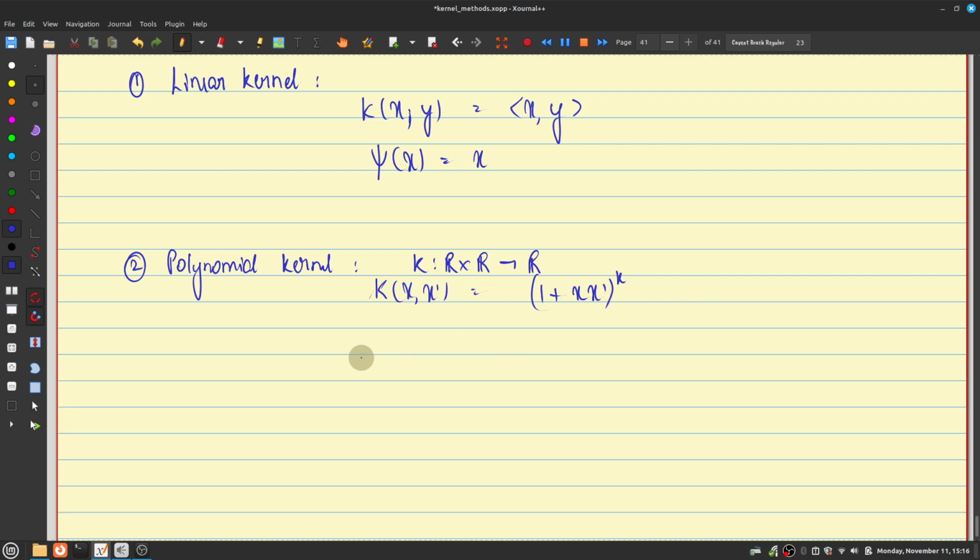In general, if I want to look at vectors x in R to the k, this is going to be defined as (1 plus the inner product between x and x prime) whole to the power k. Okay, let's just focus on R because that's simple enough.